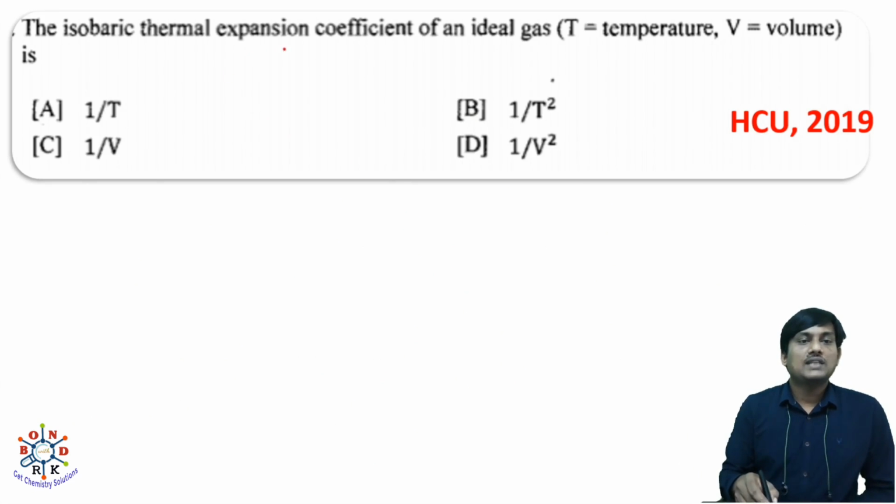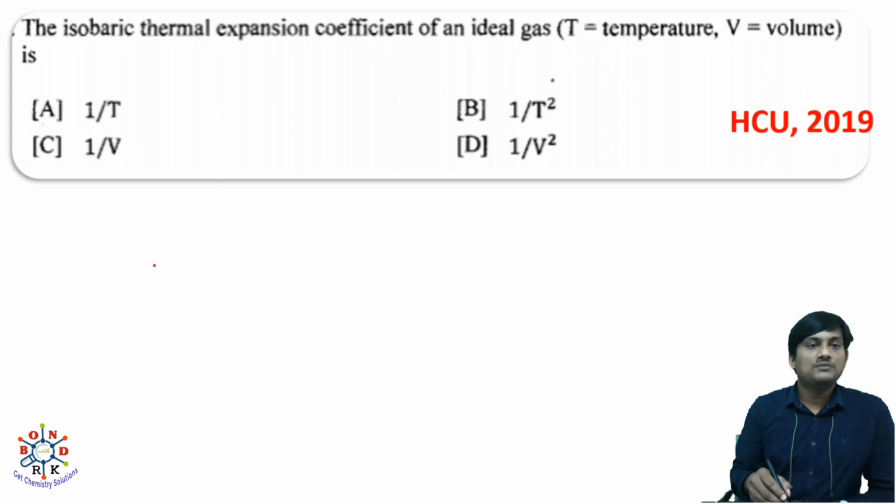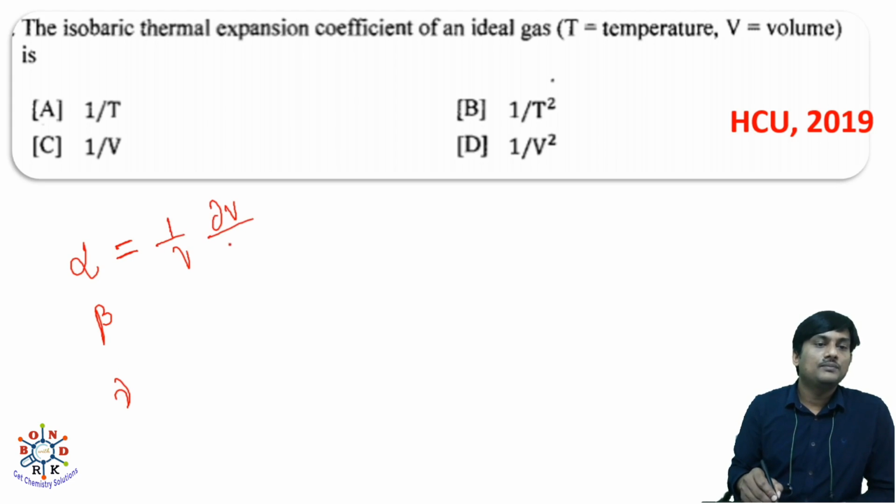The isobaric thermal expansion coefficient of an ideal gas, T is equal to temperature, V is equal to volume, is. Here you have thermal coefficients and a pressure coefficient: alpha, beta and gamma. Alpha is the isobaric thermal expansion coefficient, 1 by V, dou V by dou T at constant pressure.